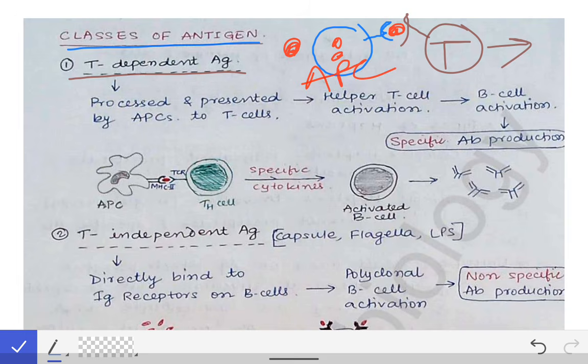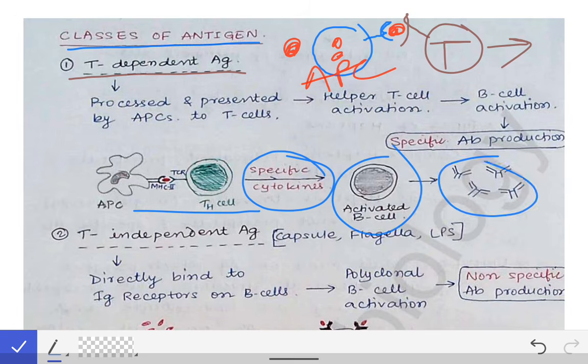Then those antigenic fragments loaded over the MHC2 molecules will be presented to the T cell receptor of a T cell, more specifically the helper T cell, and then these T cells will produce different types of cytokines which will activate the B cells, and activated B cells produce the specific type of antibodies. So see here, the specific antibodies are produced by these T dependent antigens only.